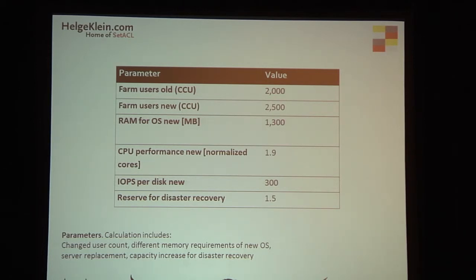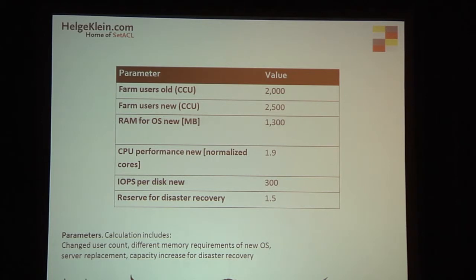The new OS, we're going to use 2008 R2 here, which has a slightly larger footprint, not 900 megabytes for the OS, but roughly 1,300. Then new CPUs, new servers will be bought, which have of course new CPUs, and the relative performance index of the normalized performance is 1.9 for those.